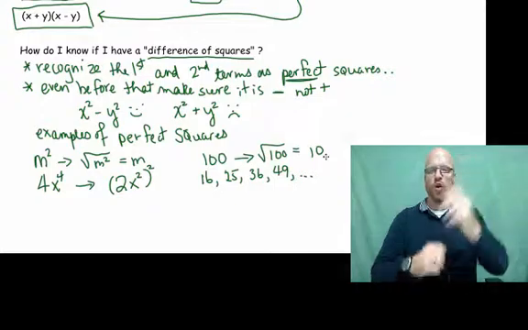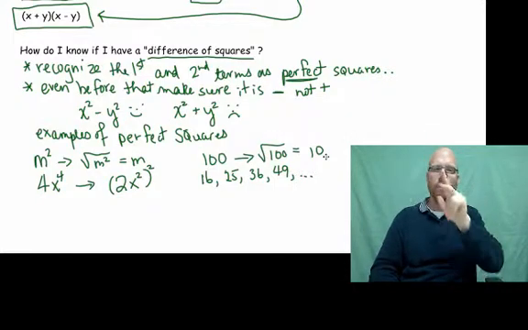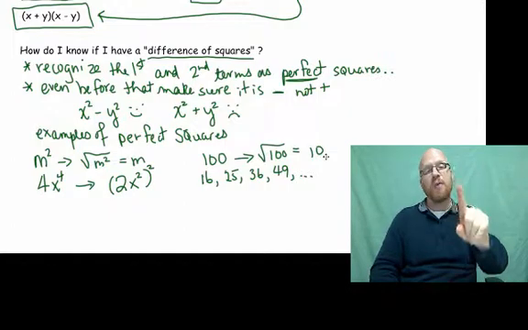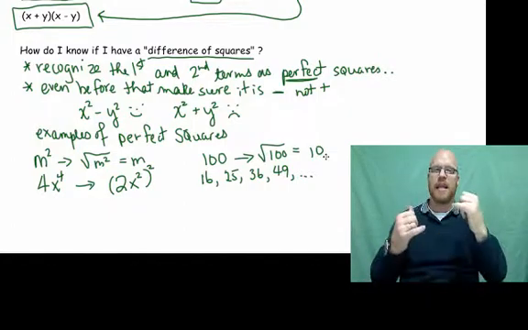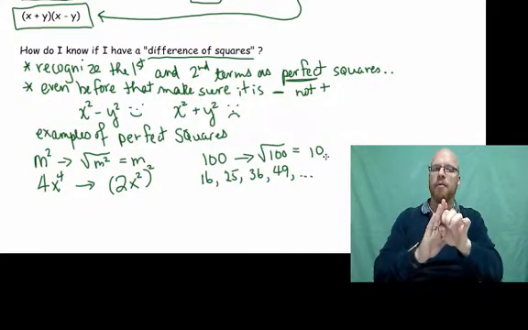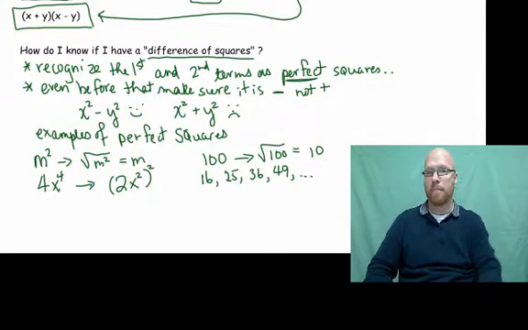And our traditional perfect squares, 16, 25, 36, 49, 64, 81, and then 100, and so on and so on and so forth. Now let's go through some examples and see how this works.